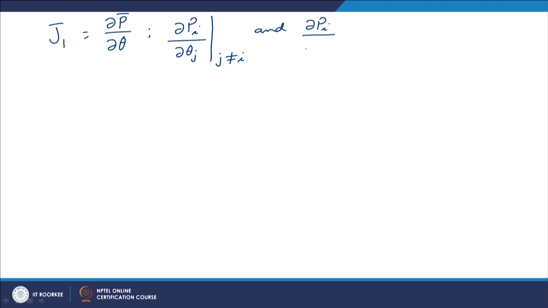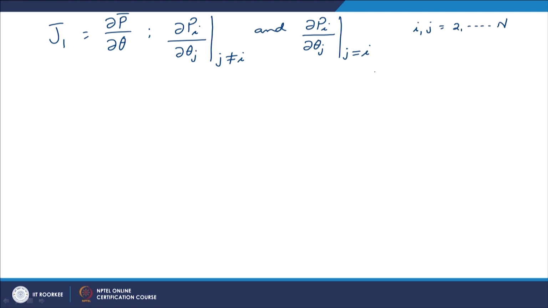So, we look at J1. J1 is del P by del theta, we know. It has two cases: del Pi by del theta j where j is not equal to i, and del Pi by del theta j where j is equal to i. So, these two cases are only possible. This is a square matrix we already know, and we also know that i and j both vary from 2 to n.